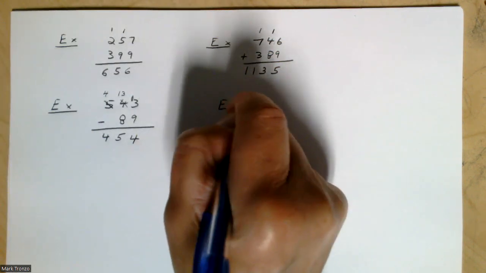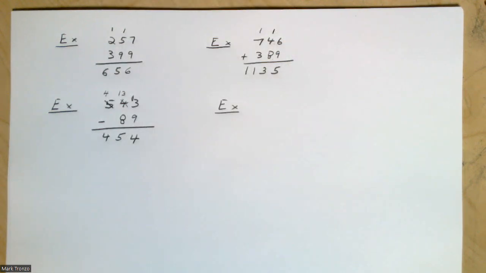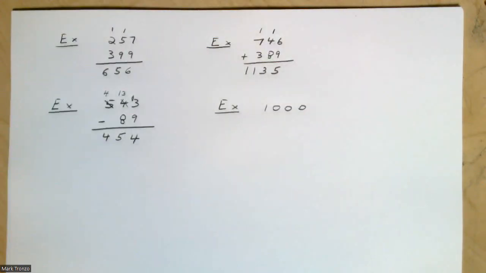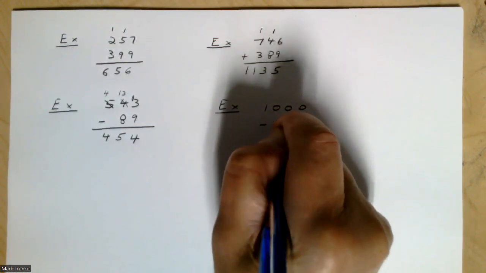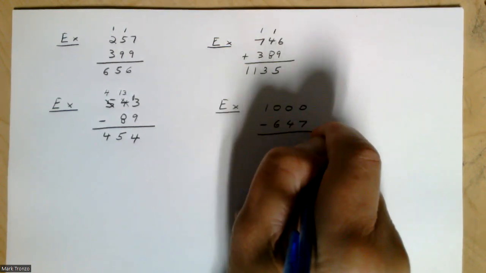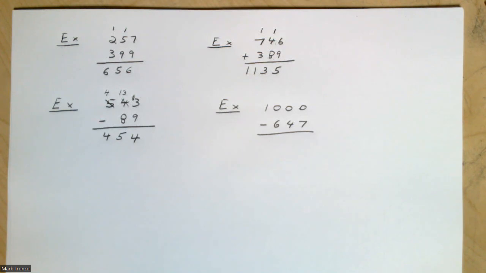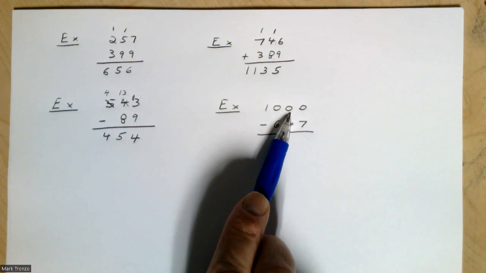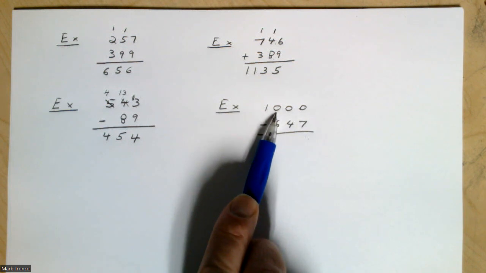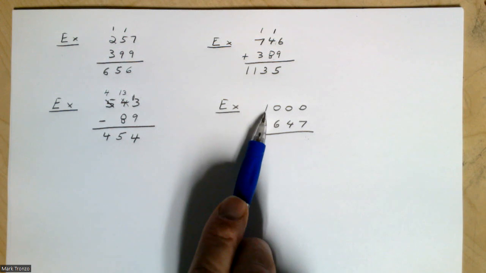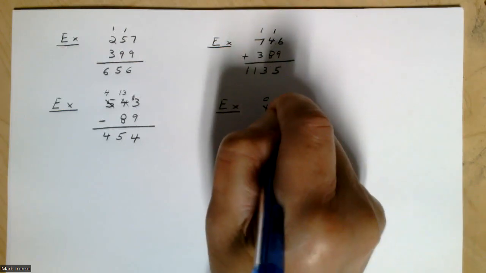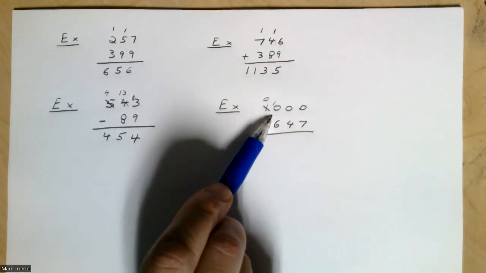And again, let's do one more. Let's take 1,000 minus 647. So again, 0, of course, is much smaller than 7, so we have to borrow, but can't borrow anything from that. So if you go to the next one, can't borrow anything from that. We have to go to this last one here. Again, we're going to have to take one of these, we make it 0. We're going to, again, bring 10 over to here.